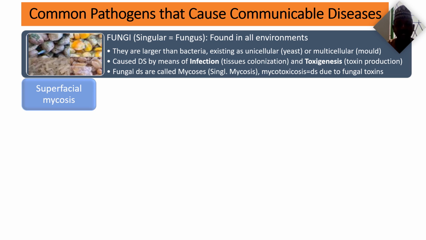Now, just like bacteria, fungi also cause diseases in two ways, either by means of infection, in which the fungi colonize the body tissues and destroy some body tissues leading to the disease, or by toxigenesis, toxin production, in which the toxin results in the disease causation.